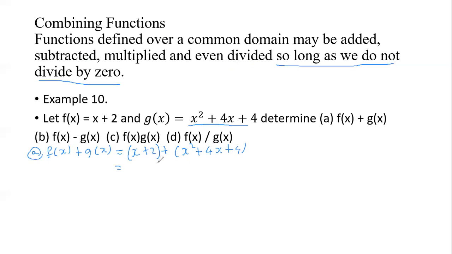Adding these two, we get x squared plus 4x plus x is 5x, plus 2 and 4 is 6.